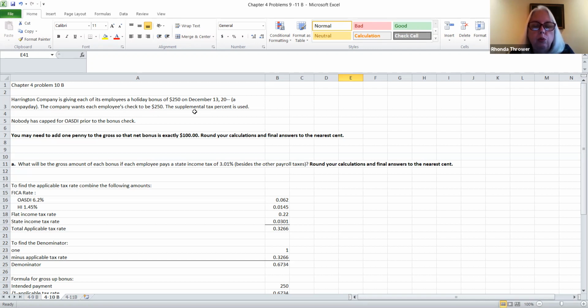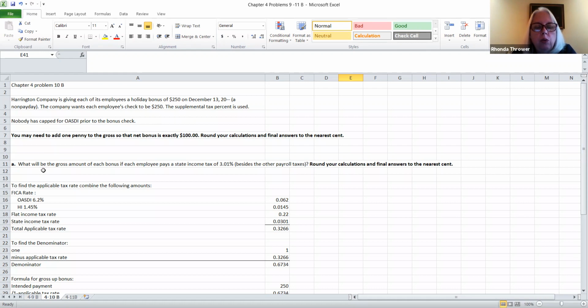The supplemental federal withholding tax, or income tax, is 22% on these problems. So your federal income tax is going to be withheld at 22% of $250. Nobody has capped for OASDI, so we don't have to worry about the OASDI ceiling in this case.